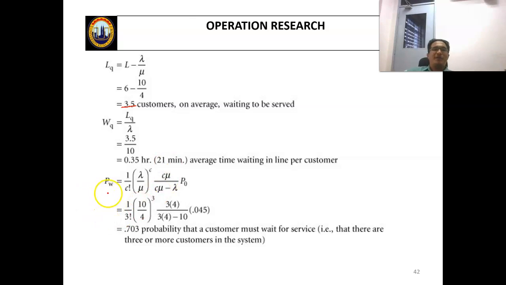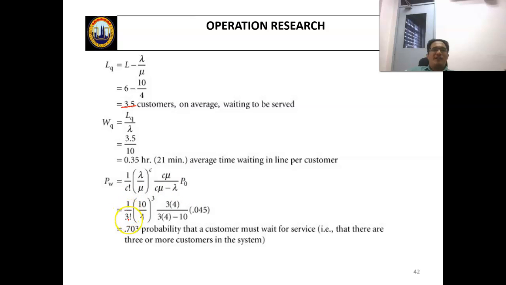Okay, and PW is 1 over C factorial times lambda over mu to the power of C times C mu over C mu minus lambda times P0.